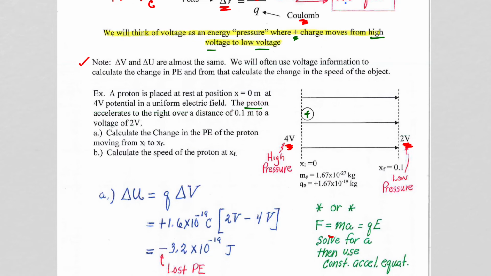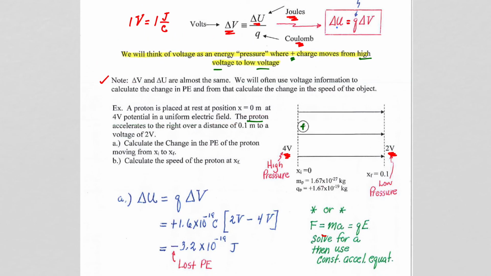We know that a positively charged particle moves from high pressure to low pressure. So without any calculation, just conceptually, we know that this particle is going to speed up, going towards the low pressure.